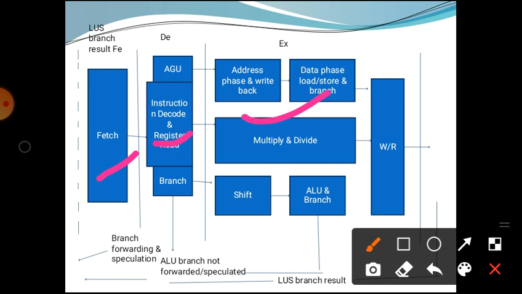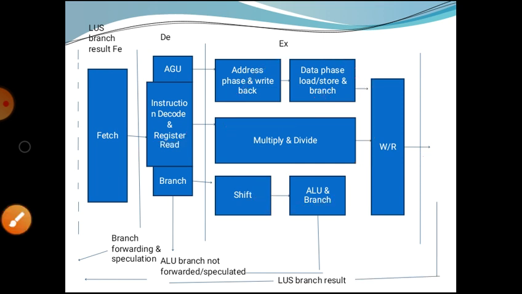After the multiply and divide operation, the shift register is also used. Here the ALU, the arithmetic and logical unit, performs arithmetic as well as logical operations. After the total execution stage, the instruction is written to or read from the memory. This is about the CPU pipeline stages.